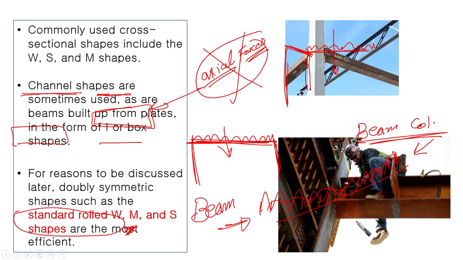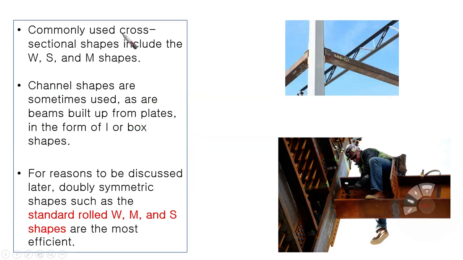So commonly, the commonly used cross-sectional shapes for beams include wide flange, standard I-beam, and M shapes, which is miscellaneous. So this is the commonly used cross sections for beams.